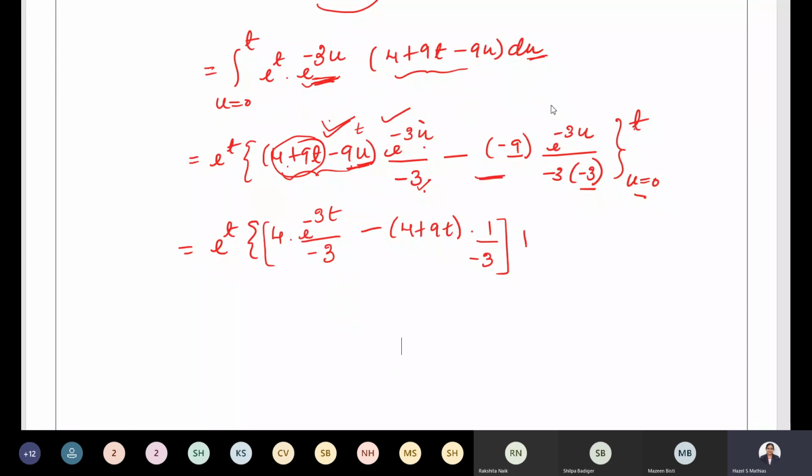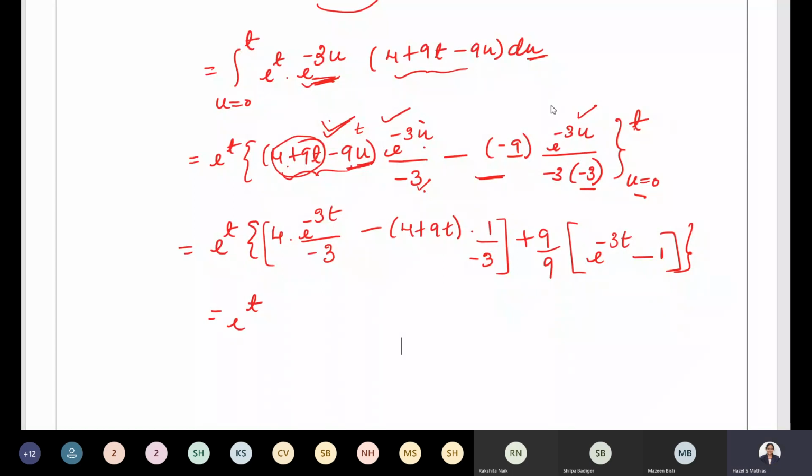Minus of minus will be plus 9, and here also what do you have? 9, correct? So this 9 divided by 9. Now apply the upper limit and the lower limit to e power minus 3u. So what do we get? E power minus 3t minus lower limit will be e power 0, which will be 1. So what do we get after simplification? It is e power t.